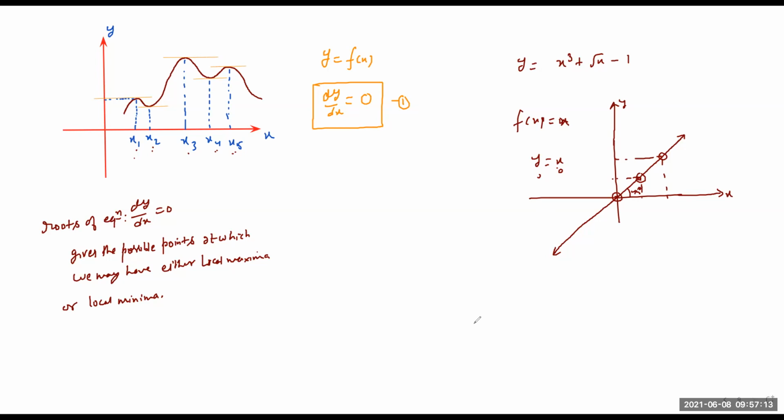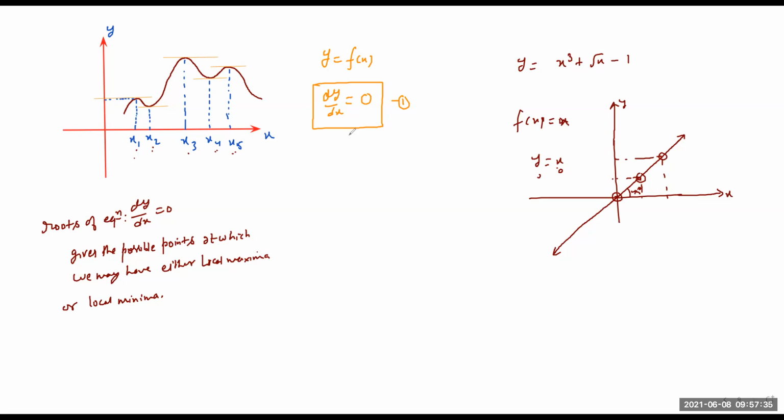Okay. So now the idea is that when you equate dy by dx to 0, you get all the set of points at which the graph will have 0 slope. That is called the equation to get the critical points x1, x2, x3, x4, x5.